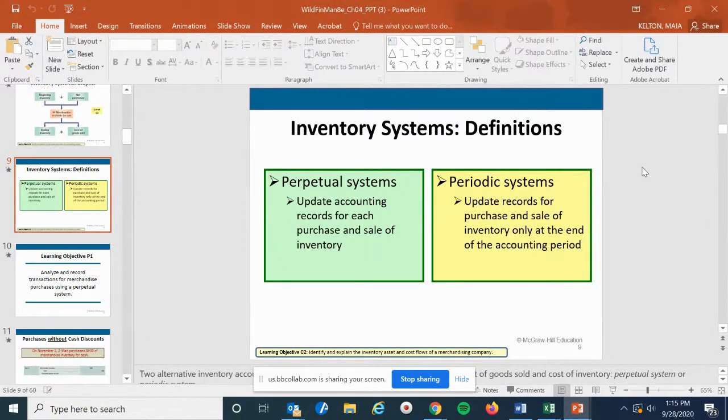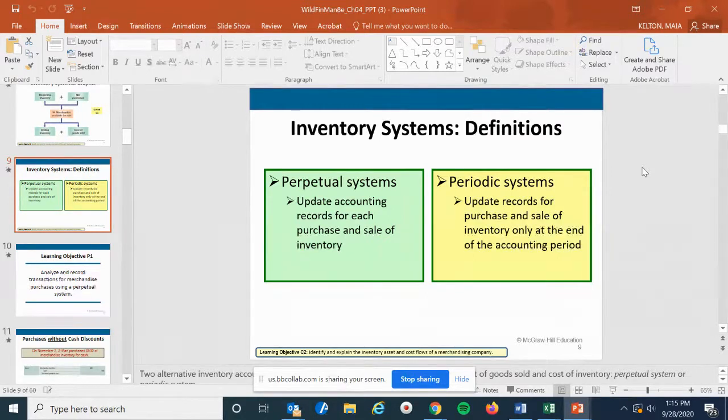There's another inventory system. It's called the periodic system. The periodic system doesn't necessarily work for the big merchandisers that we will be talking about in this class. The periodic system updates the records for purchase and sale of inventory only at the end of the accounting period. So obviously, if the merchandiser is the size of Walmart or Home Depot or Lowe's or Kroger, they cannot wait until the end of the month to find what their sales and what their cost of goods sold is.